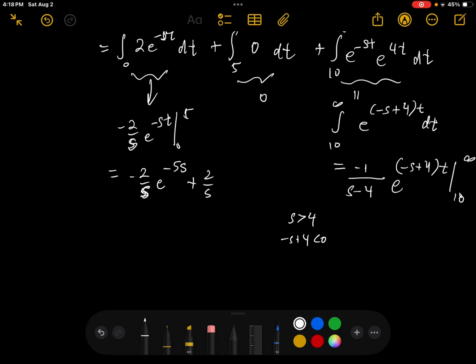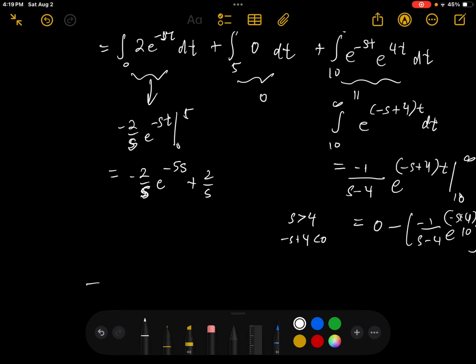So then you're going to get 0. And so you're going to get 0 minus negative 1 over s minus 4 e to the negative s plus 4 times 10.